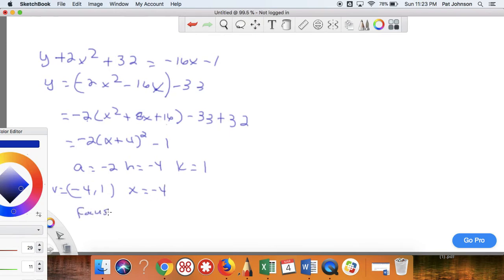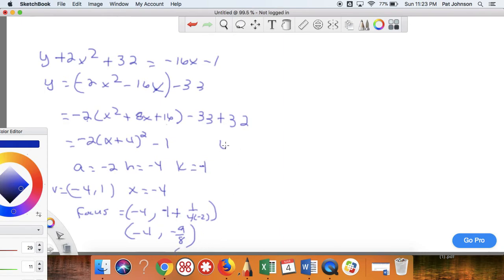Let's just use our formula, which is h, negative 4, comma what? k plus 1 over 4a. So k is 1 plus 1 over 4 times negative 2, which ends up negative 4, comma negative 9 over 8. Oh, this is negative right here. This k is negative 1. Oopsie. Alrighty, so there's our focus.